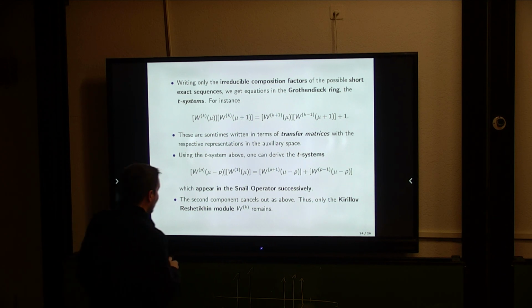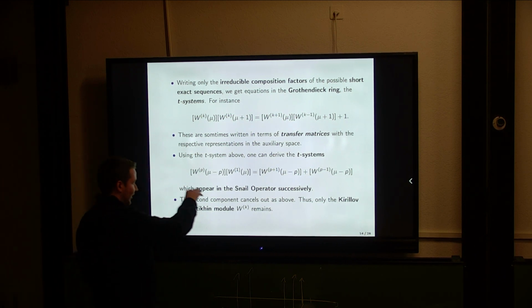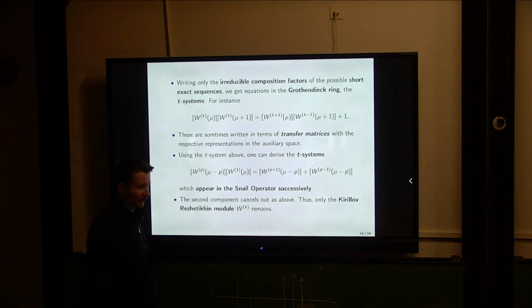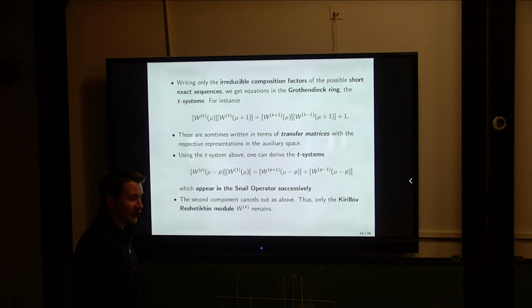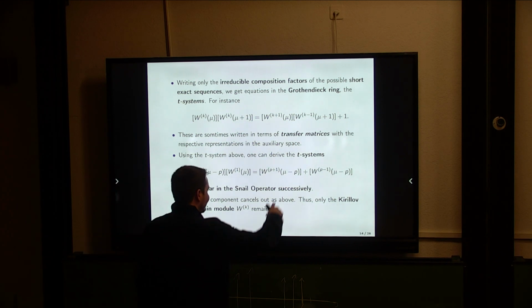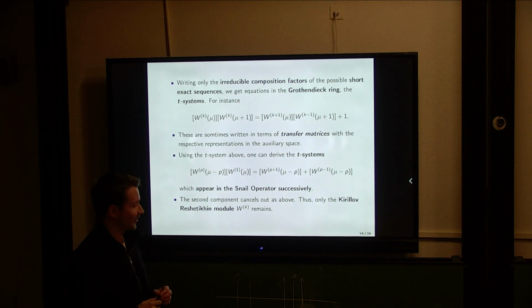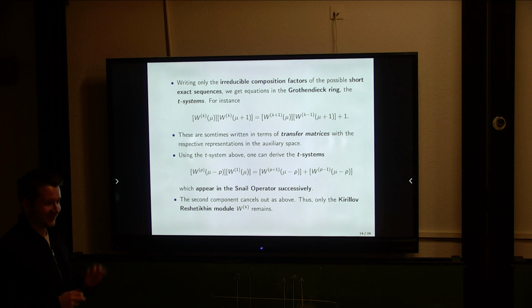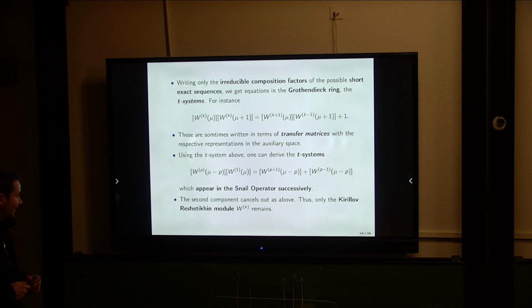So what you can do is try to write down the projectors onto these two subcomponents, onto these two composition factors. The funny thing is that the projector onto WP minus 1 cancels out. Sorry, isn't this equation the usual fusion? Yes, this is a kind of fusion.